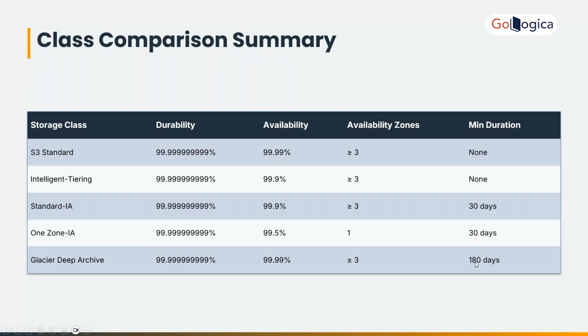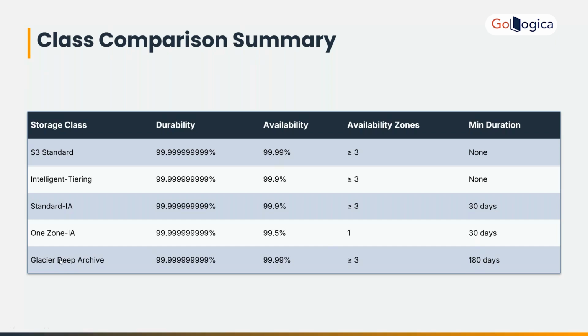To get that lowest storage cost, you need to store it for 180 days. Now, if you're not storing your data for 180 days in Deep Archive, suppose you thought, I need to store my data for, say, 60 days, so let me go for Glacier Deep Archive, and after 60 days I will delete my data and get low cost storage.